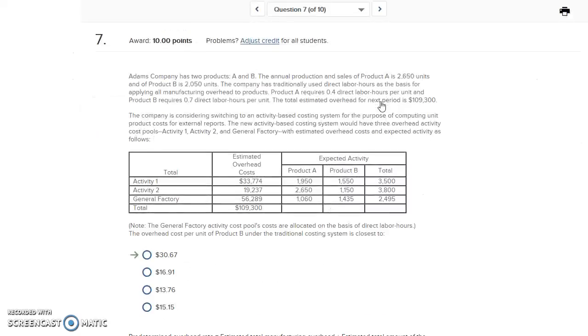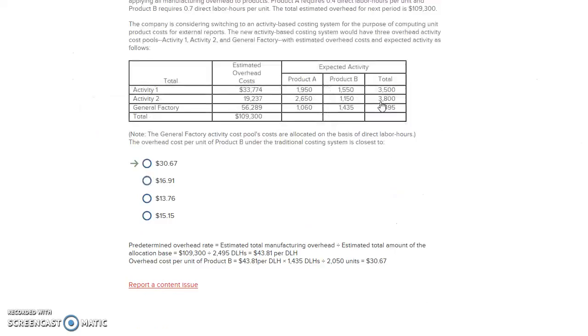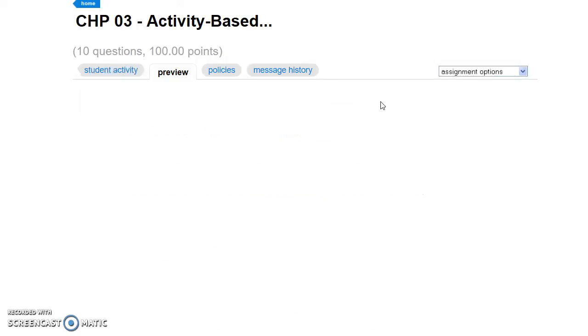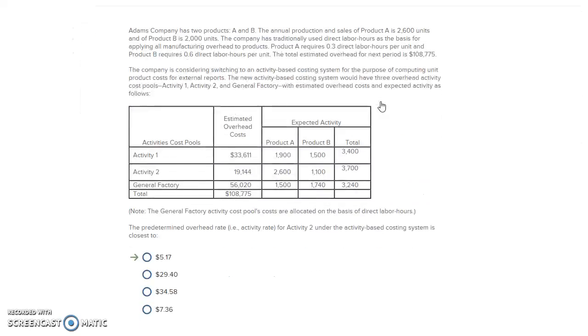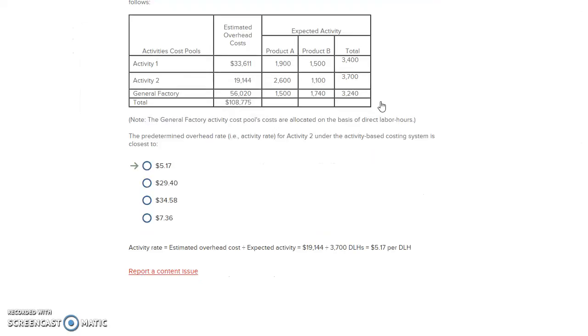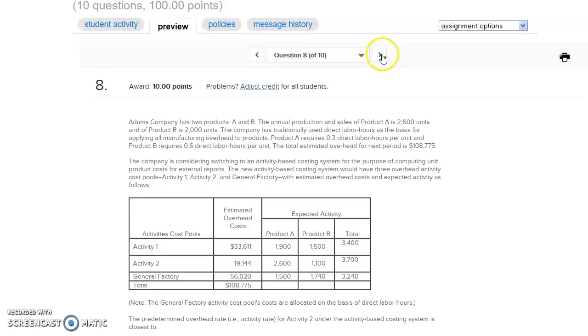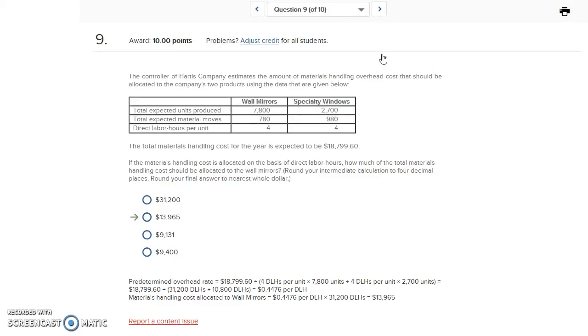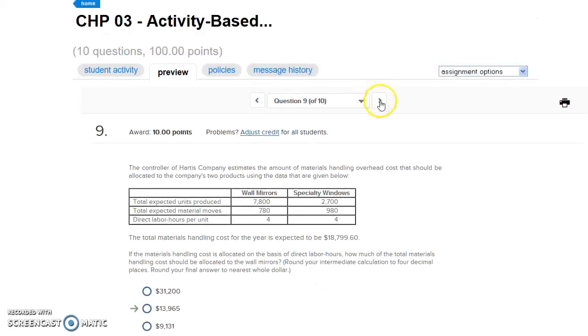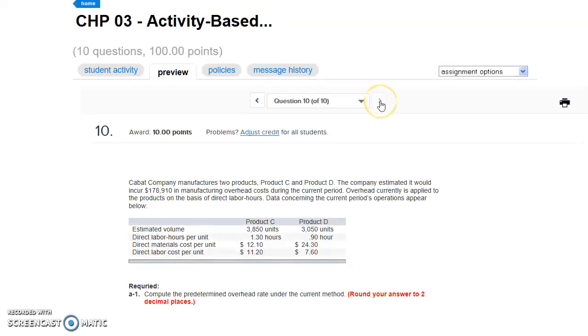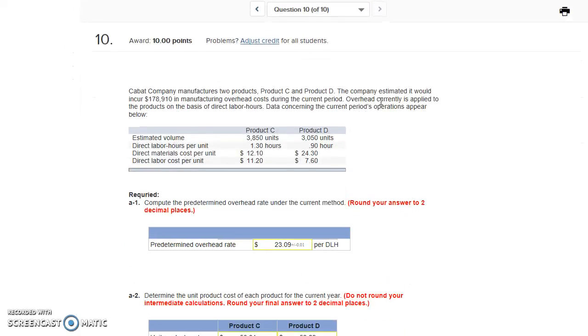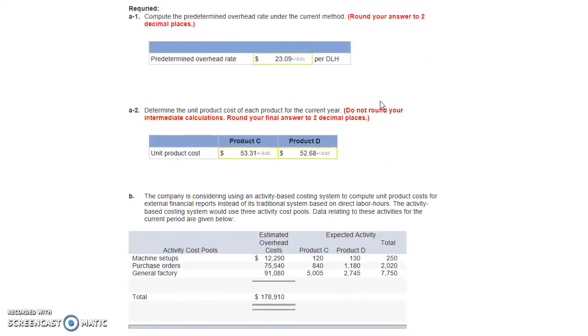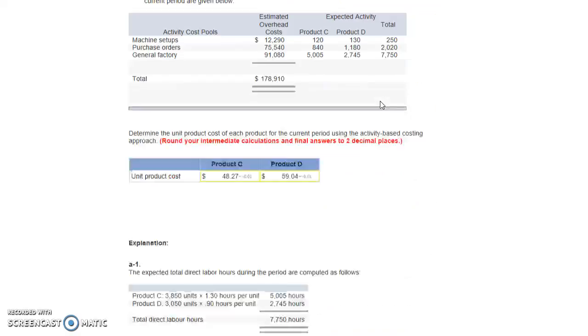And then for 7, here's how it's calculated for the predetermined overhead rate. 8, predetermined overhead rate, or excuse me, the activity rate. 9. And finally 10. So I'll let you take a look at all that.